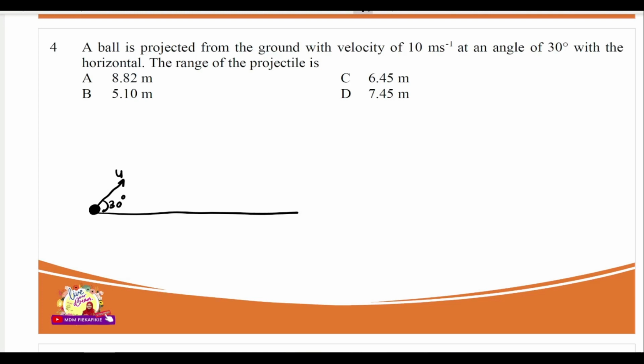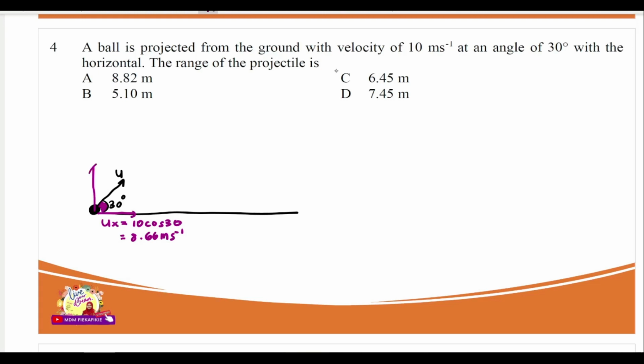So this is U, where U is equal to 10 meter per second. We can resolve first UX, which sits next to the angle. So UX is equal to 10 cos 30 degree. Press the calculator, 10 cos 30 degree, you will get 8.66 meter per second.